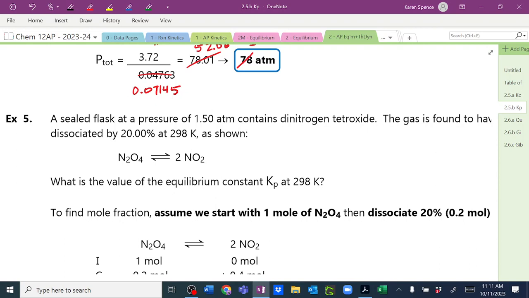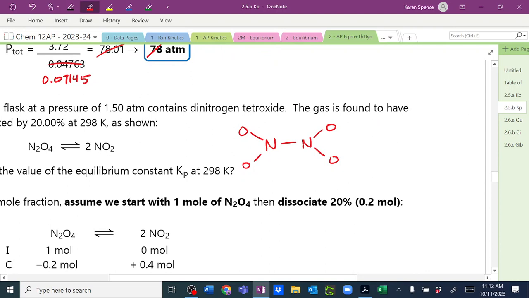What do you think? If something is 20% dissociated, what does that mean? It means 20% of it has split apart, yes? So if you have N2O4, it can dissociate into NO2 and NO2, yes?